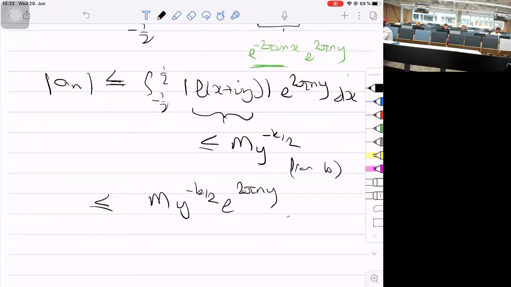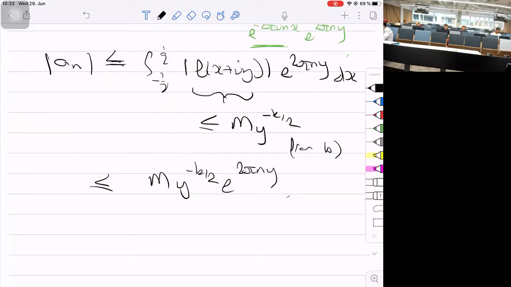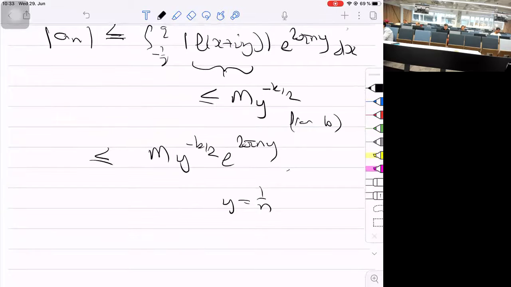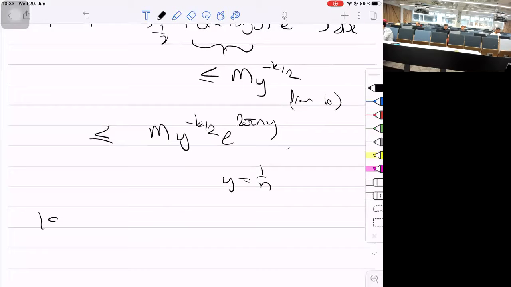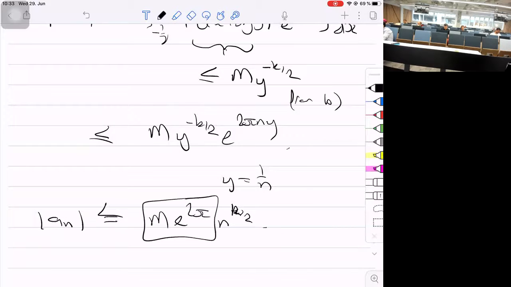That means we have a bit more freedom, and now we can just choose a convenient y, in this case y equals 1 over n, to give the bound that the absolute value of a_n is less than M e to the 2 pi times y times n to the k over 2. And then all of this is just lumped together as one constant, and that gives the bound in question.